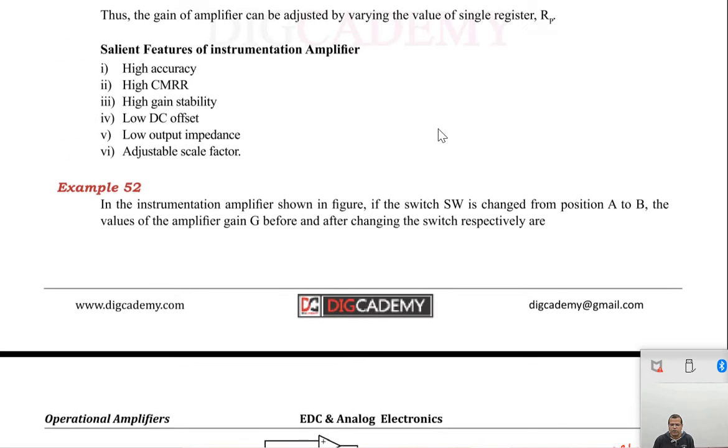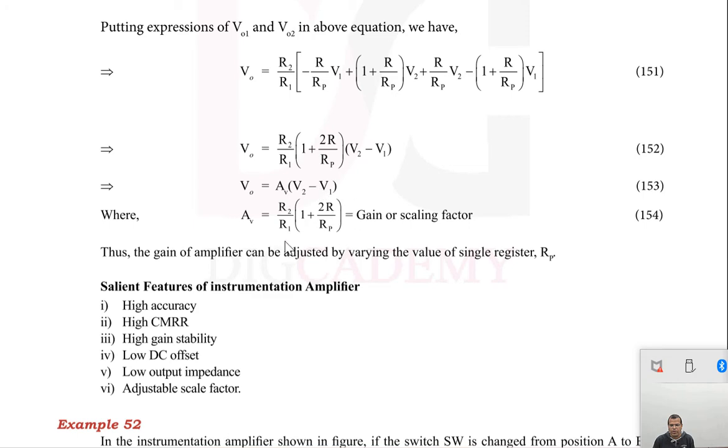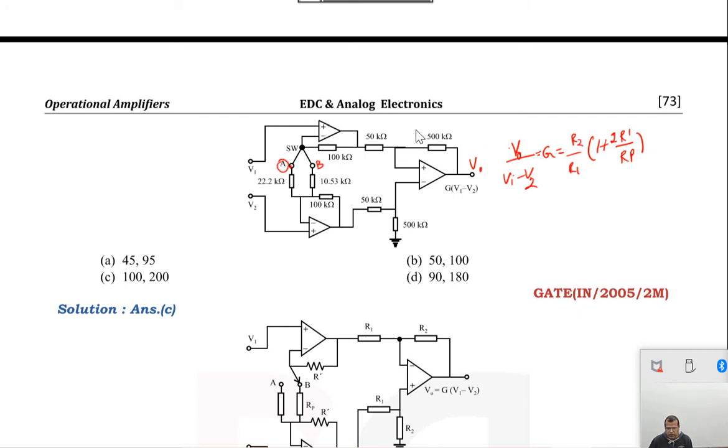Please see, I am coming back to the final expression of the output voltage and gain of the instrumentation amplifier we have just discussed. So, here you can see this resistance R2 is this resistance, R1 is this, values are same of course, and this is R dash, this is R dash, this is RP1, you can say this is RP2, right.